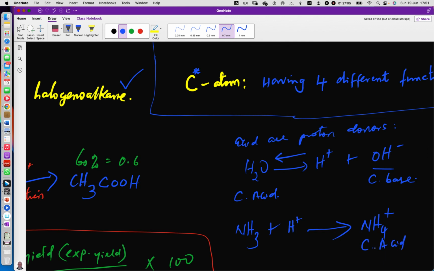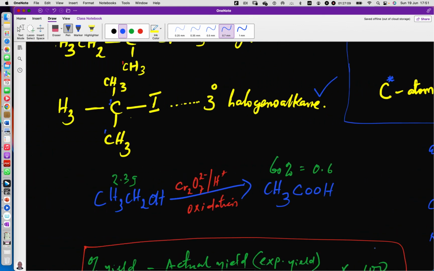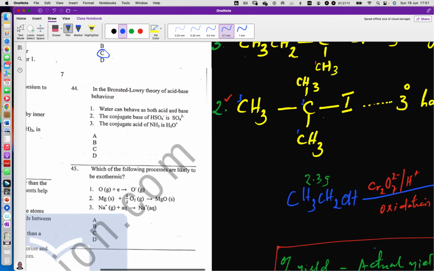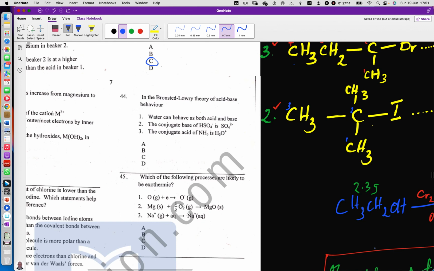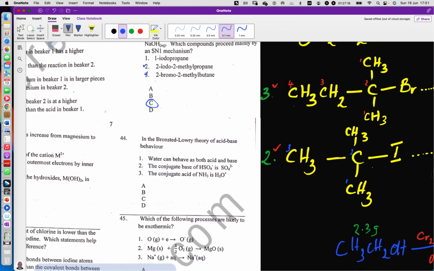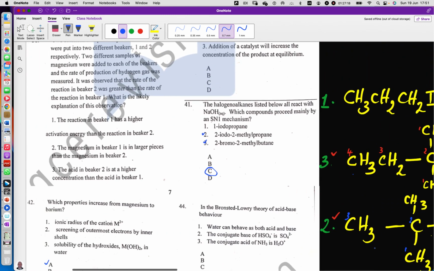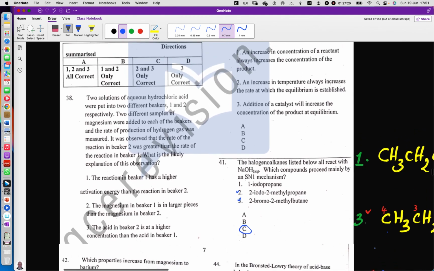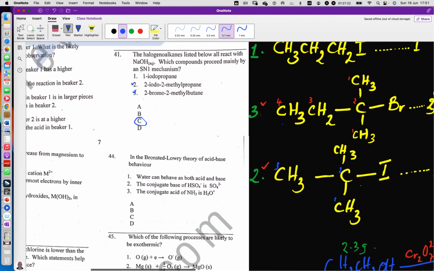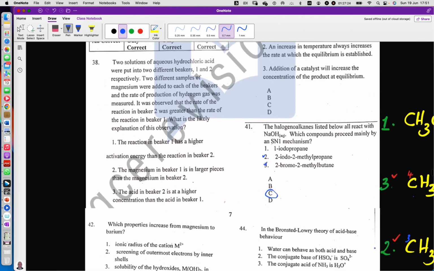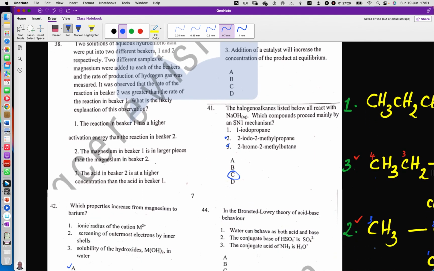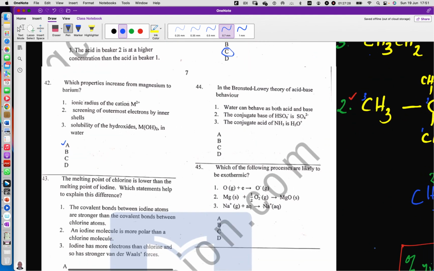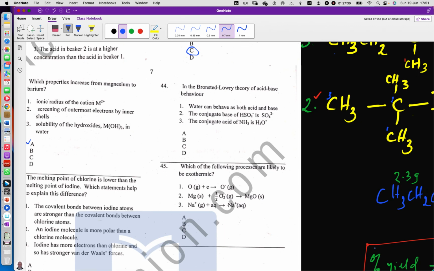So going back to our answers here. We are here. Water can behave as both acid and base. Good.